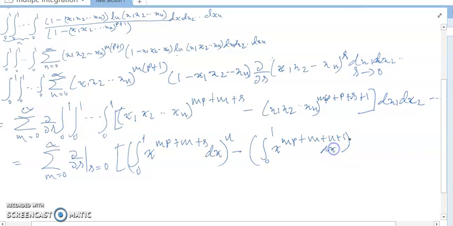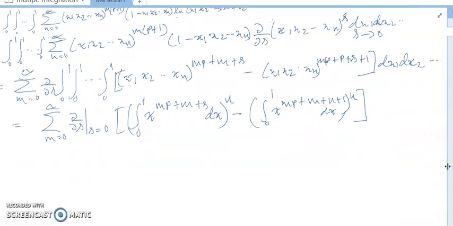Okay, so this is the formula of the integral of x to the power n.